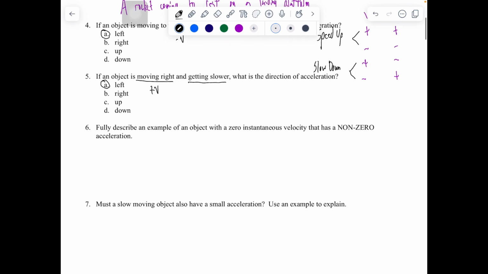Fully describe an example of an object with a 0 instantaneous velocity that has a non-zero acceleration.